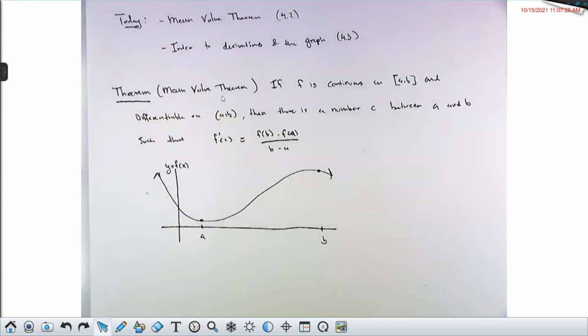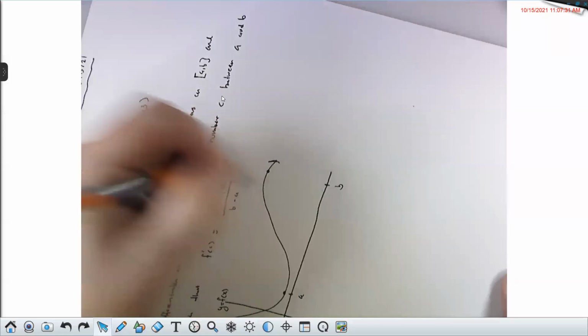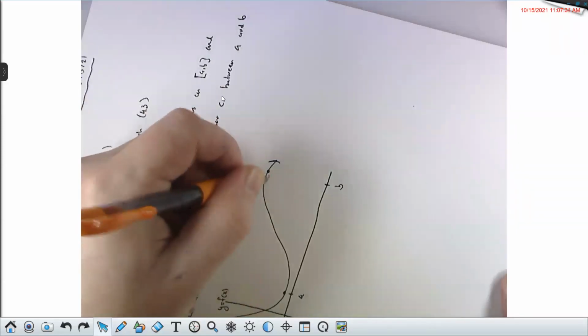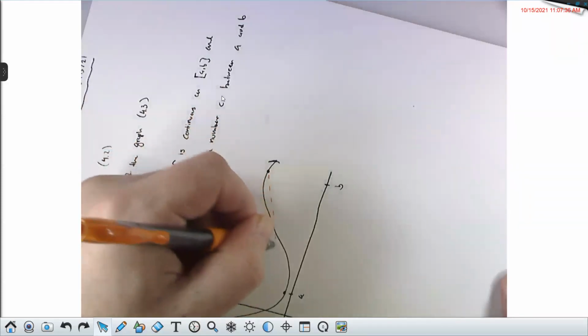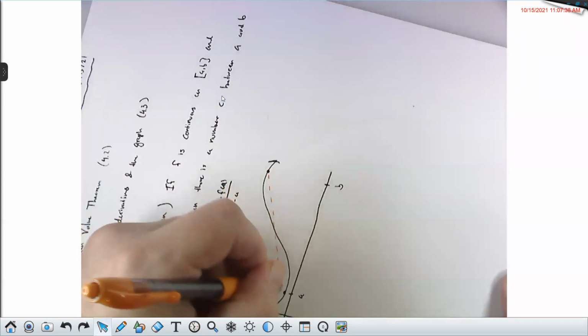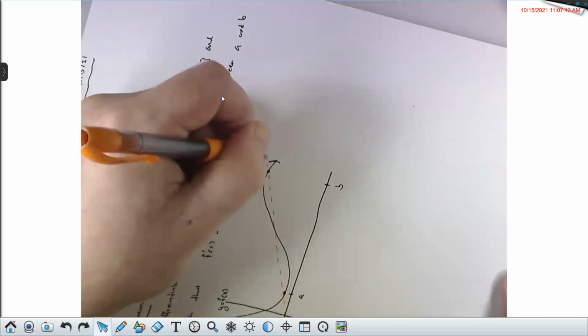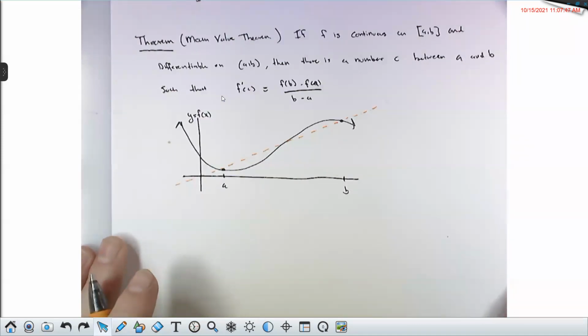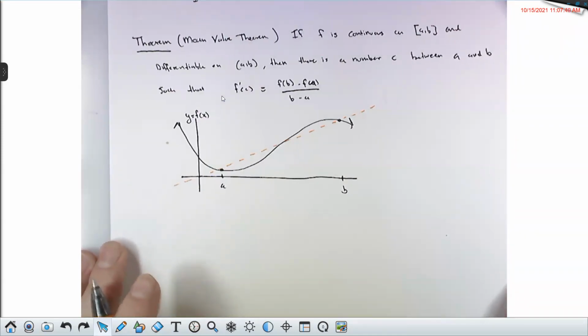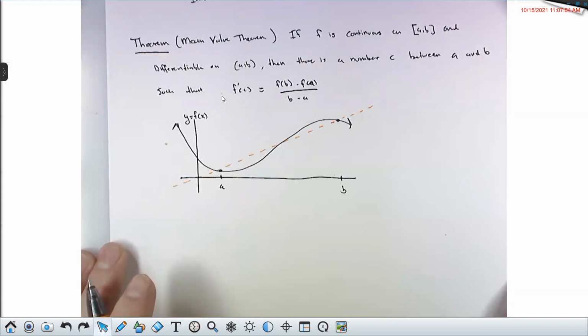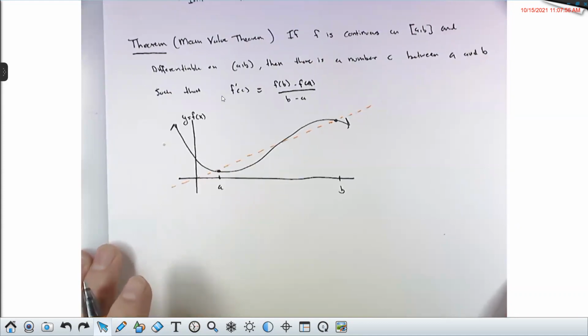And you look at the secant line, which is this orange line here. Then there will be a parallel tangent line somewhere between a and b. And as I've drawn it here, I think there are two of them.